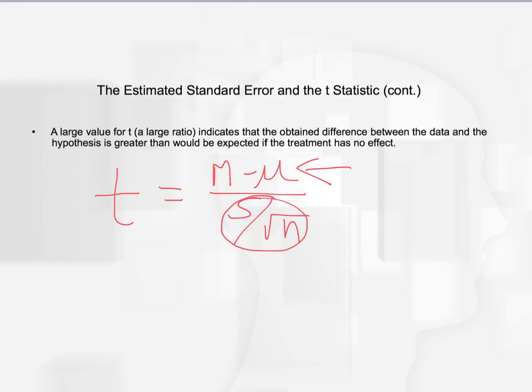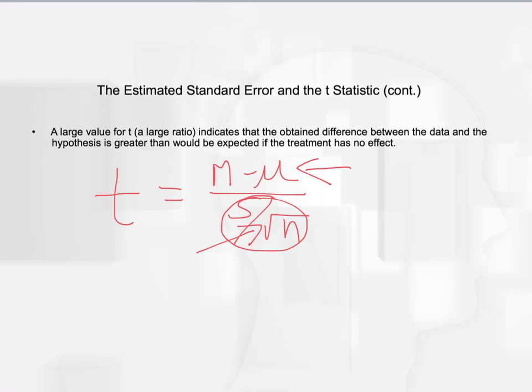But if, on the other hand, this difference is small, and when you divide the standard error of the mean into that difference, you get a small t, that means that difference really isn't statistically significant and you can't reject the null hypothesis. So if you're doing an experiment and you hope that the experiment works, you want the t to be large so you can reject the null hypothesis that the experiment didn't work.